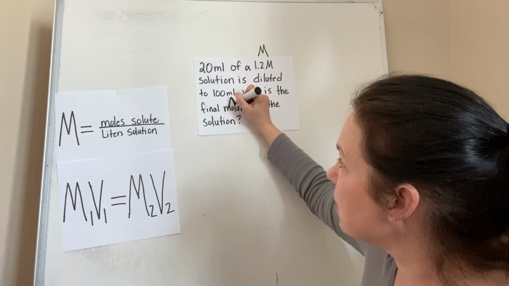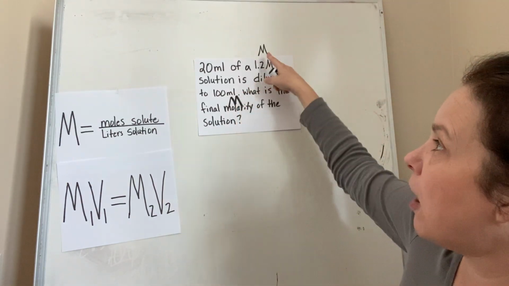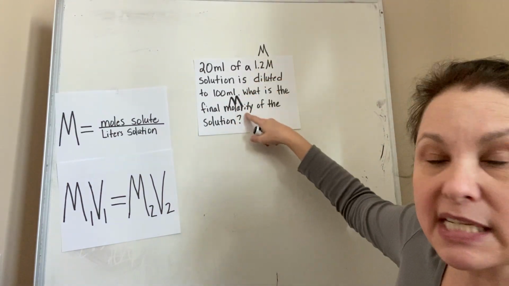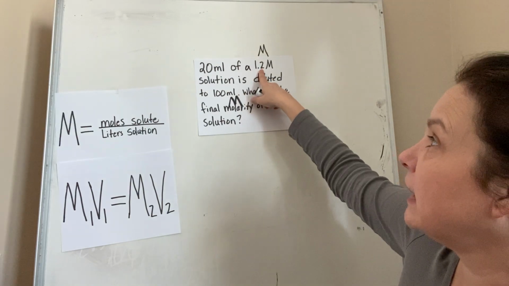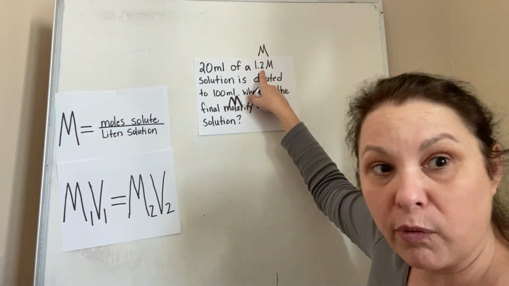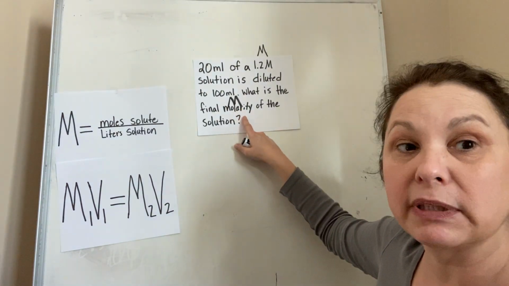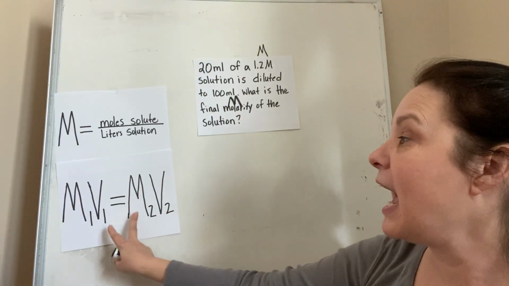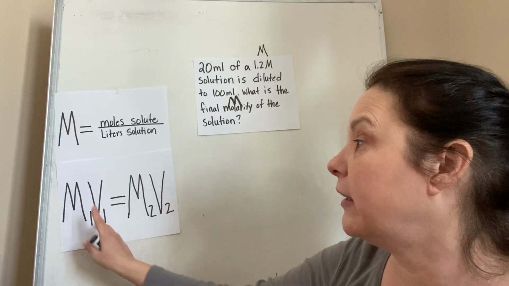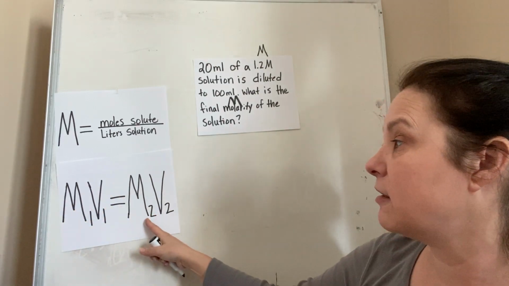Now, what I want you to notice here is that this problem has two molarities. It has the beginning molarity that we have before we dilute, and then it's asking us to find the final molarity. So this formula has to have the one with two molarities, the initial and the final.